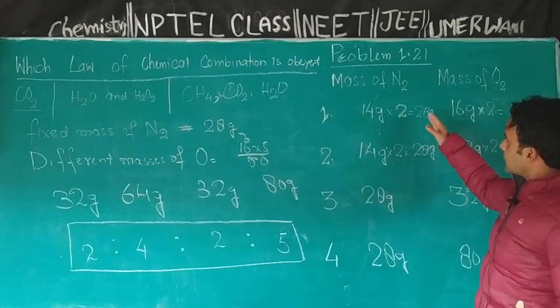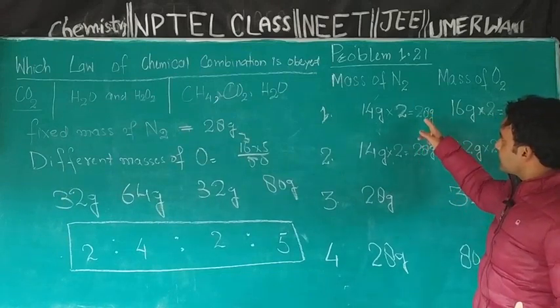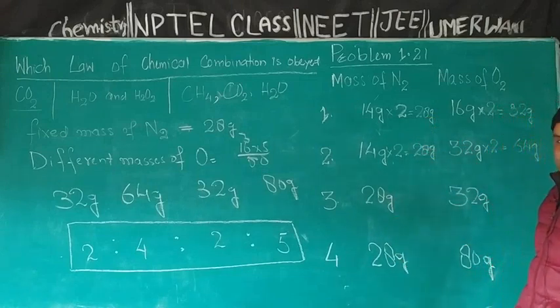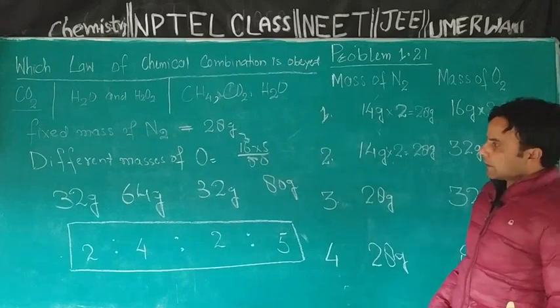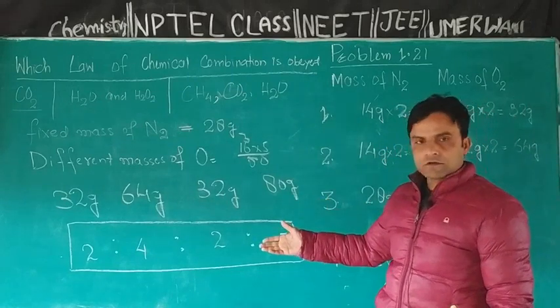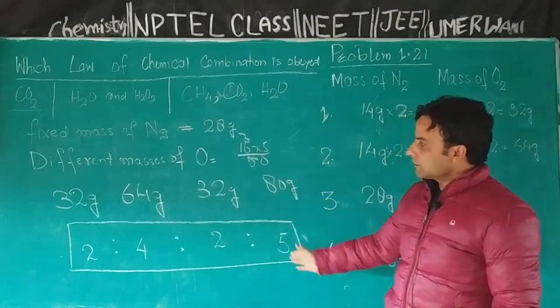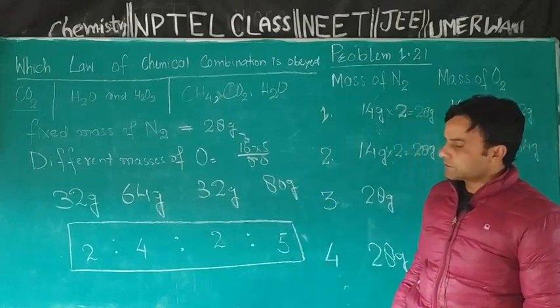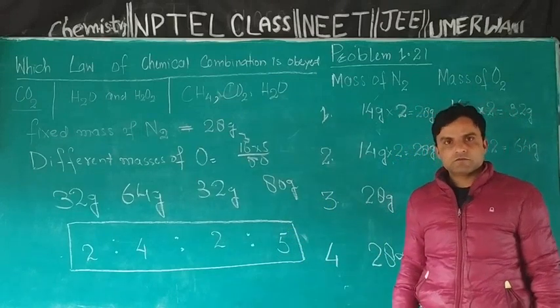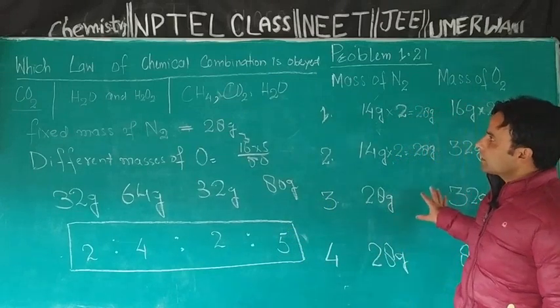I got that the reacted mass of nitrogen in all four compounds is 28, 28, 28, 28. So I fixed the reacted mass of nitrogen, and I got reacted masses of oxygen 32 gram, 64 gram, 32 gram and 80 gram. And I found that these reacted masses of dioxygen bear a simple whole number numerical ratio of 2:4:2:5, validating that the given data obeys the law of multiple proportion.